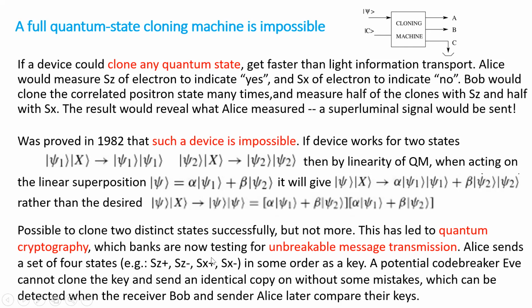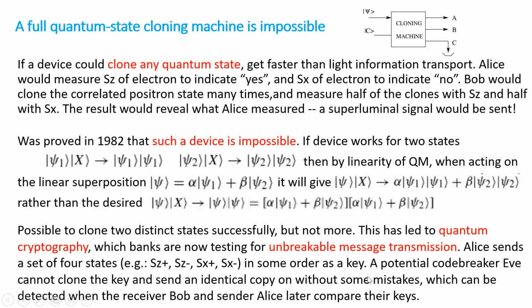So as long as the key is based on a set of states with more than 2, here we have 4, it's not possible for a code breaker to keep a copy of the key and send an identical copy on to Bob, the receiver, so that Bob would get the same key that Alice sent.